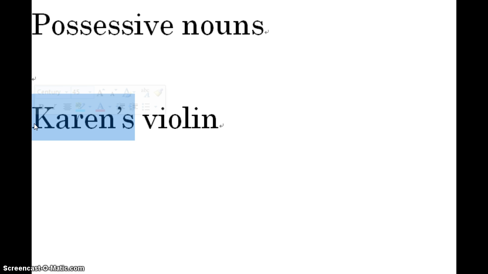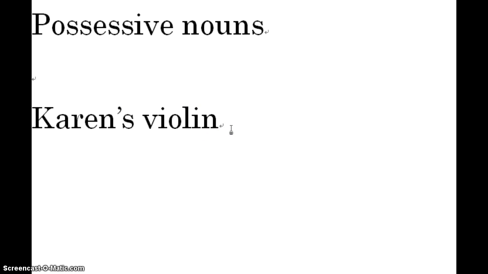Now watch how there is an apostrophe used. When we spell possessive nouns, we always use an apostrophe. If we are talking about one owner or user, we put an apostrophe and an S after the noun.